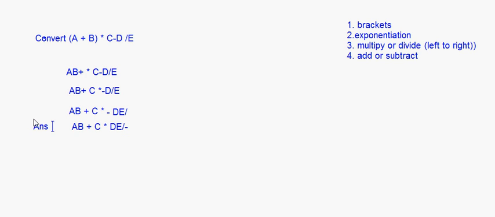This is the answer. First of all, we converted this bracket, right? After that, we did that multiplication sign, right? After doing that multiplication sign, we have a minus operator and a divide operator. Divide operator has got a higher priority, so we take it up first. So DE divided by and then this. Okay.